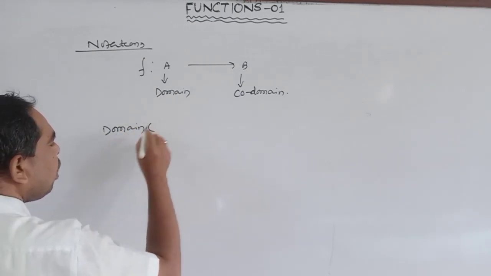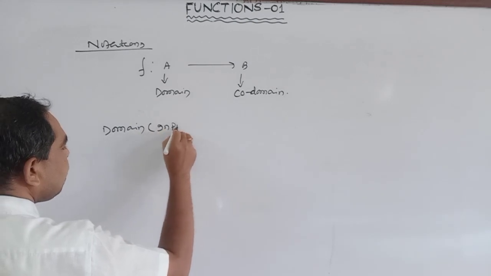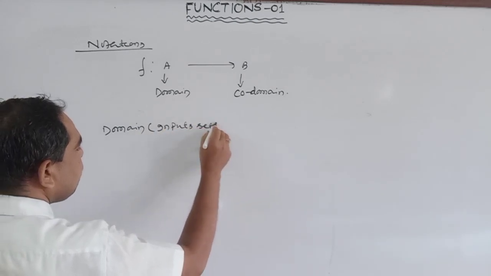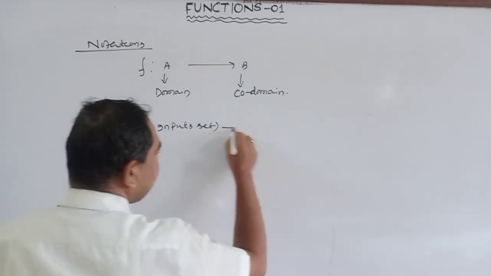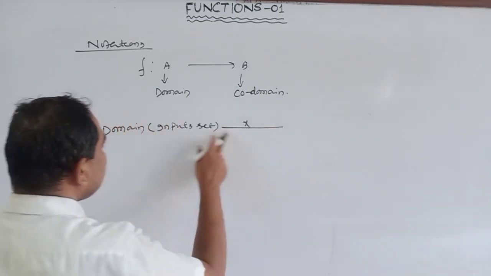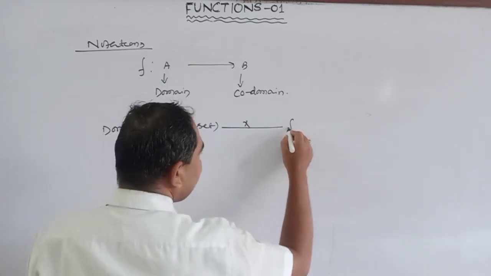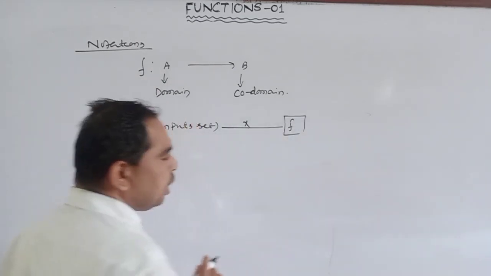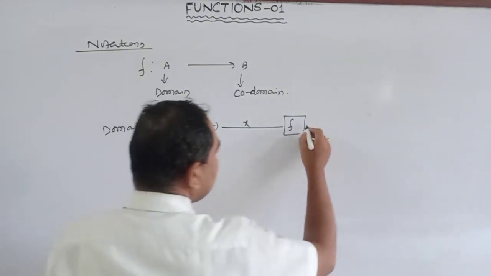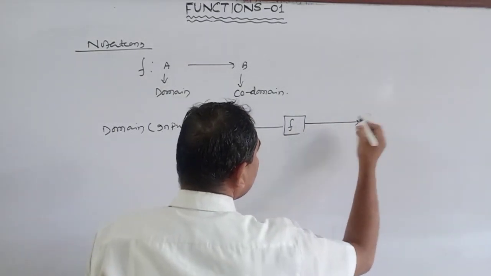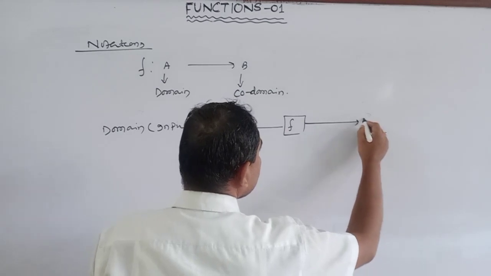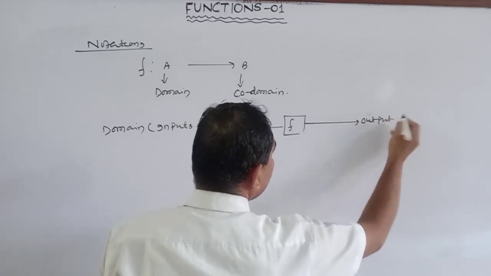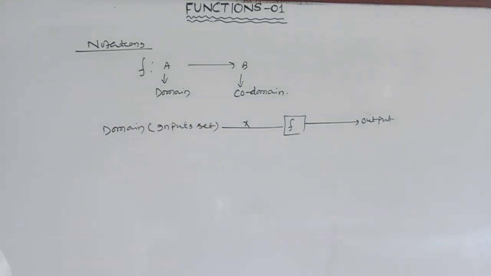Domain means the set of all inputs, the input set. This is x, meaning x belongs to the domain. f is a function, meaning there is a machine. This is the output, the output set, which is known as the range.